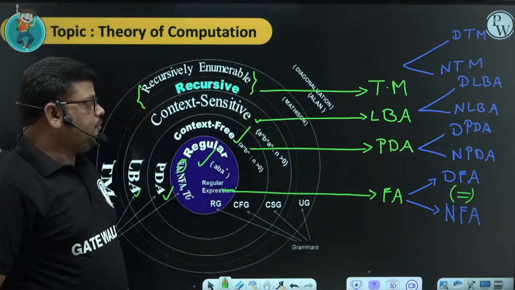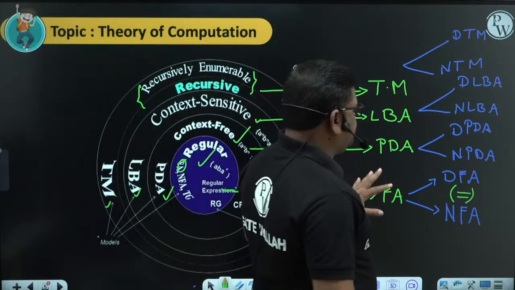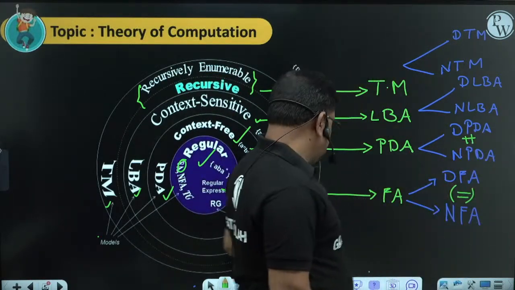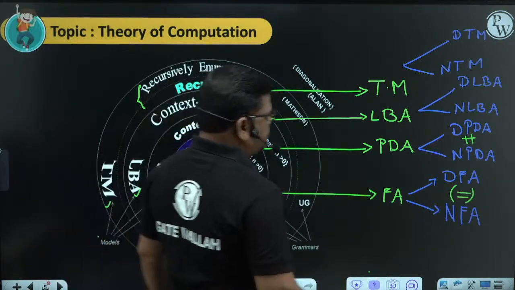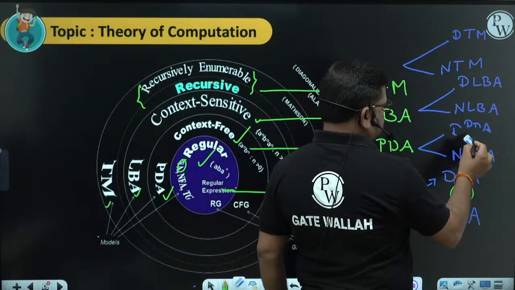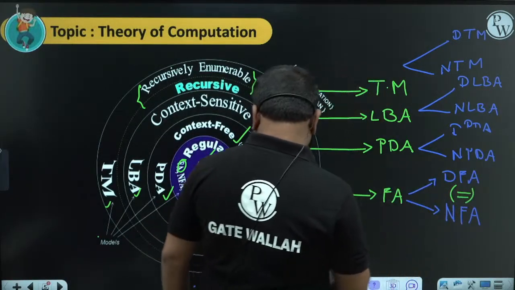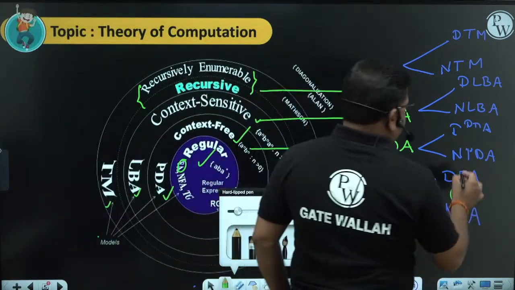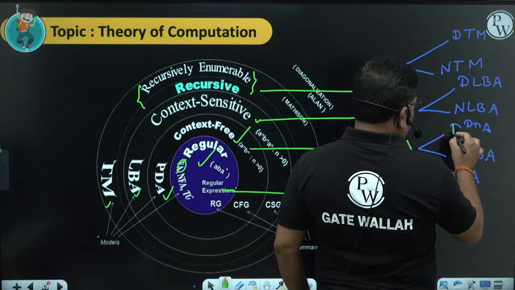But the expressive power of push down automata, if you observe, is not equal. Not equal means somewhere it should be more.